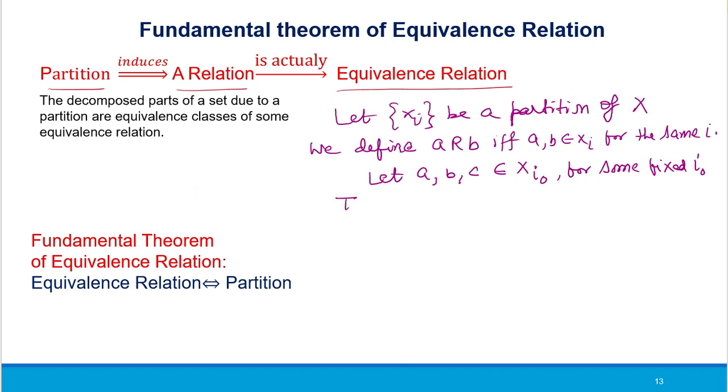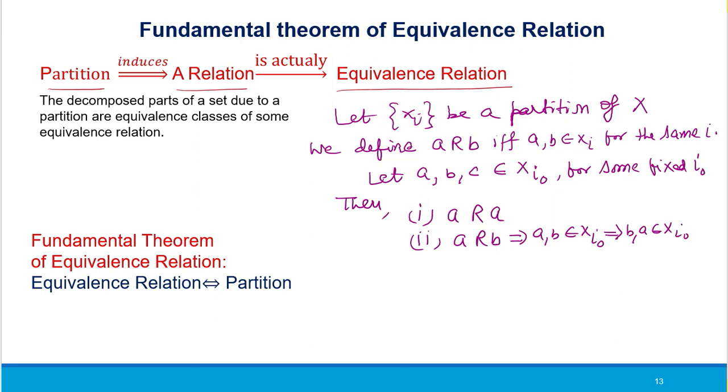Then what we can very easily observe is first A R A because A and A always belong to the same set. The second is A R B implies A, B belongs to Xi0, and this implies that B, A belongs to Xi0, and this implies that B R A, and therefore we have symmetry.